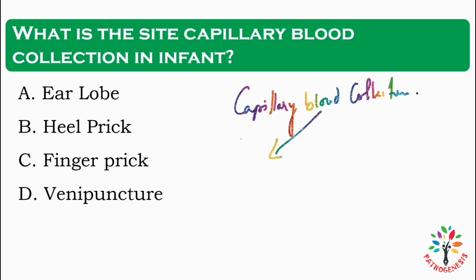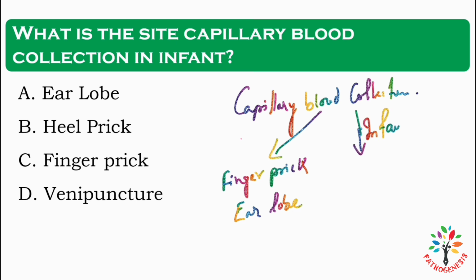In case of adults we use finger prick and earlobe. In case of infants, heel prick is the best option.